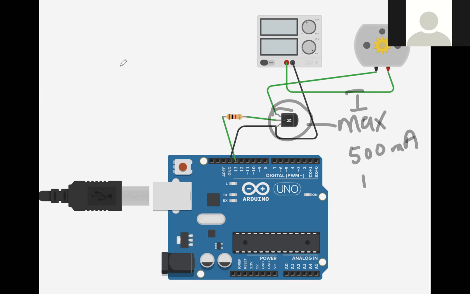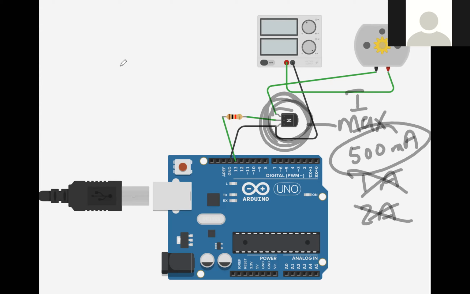Other transistors can maybe handle 1 amp. There are a few transistors that can go up to maybe 2 amps, but you don't really want to go much above that. If you need to go above that, you need some special tricks, like taking multiple transistors and hooking them up in parallel. A bipolar junction NPN transistor can definitely not handle currents up above that.